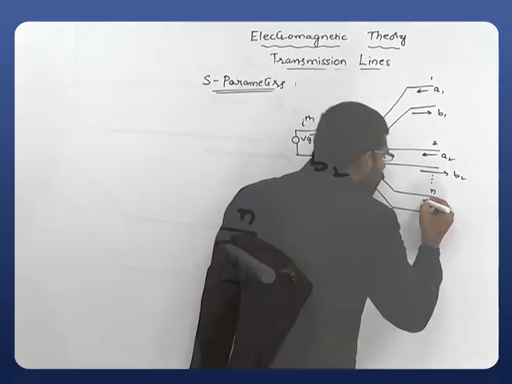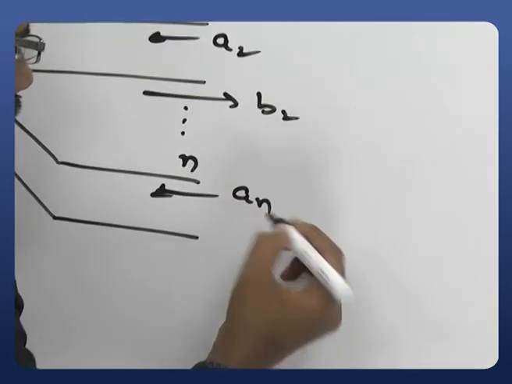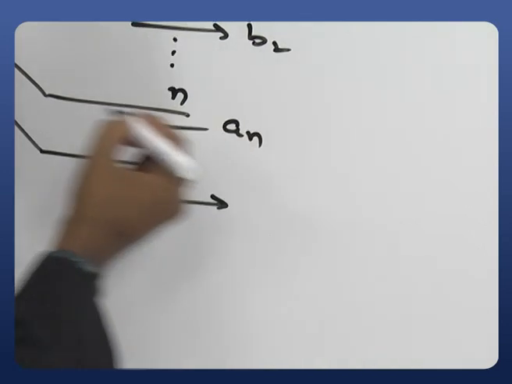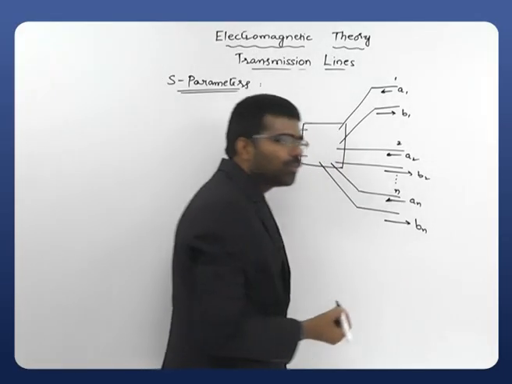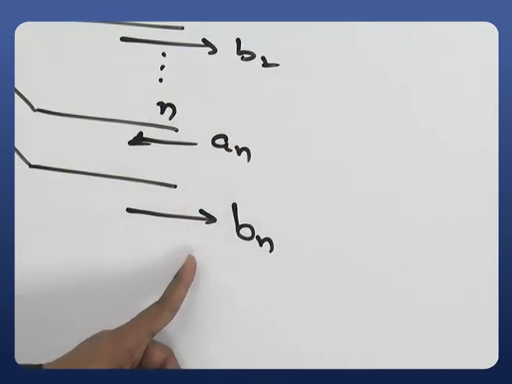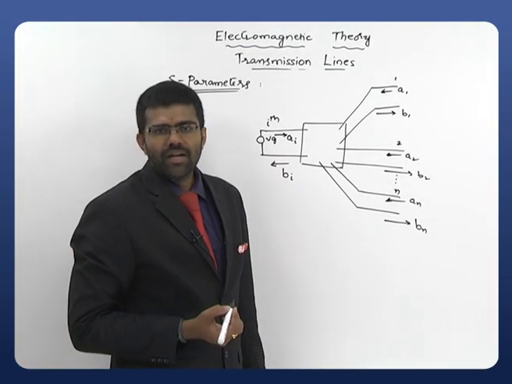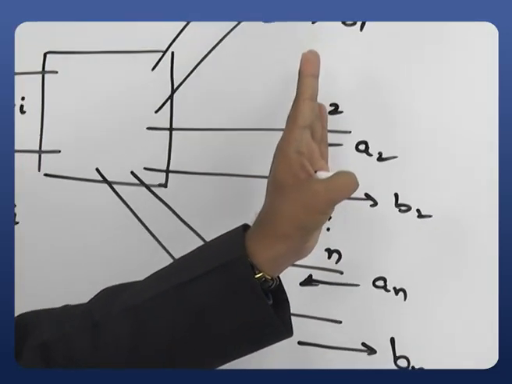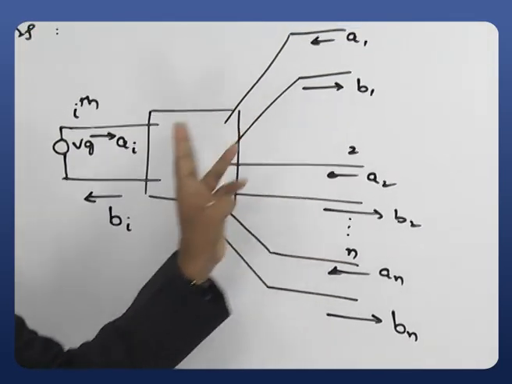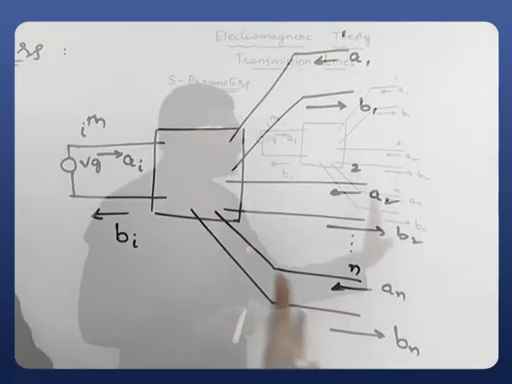Similarly for the nth port, we have An as the input that we are applying to the nth port, and Bn is the scattered wave observed at the nth port. Like this, we have different parameters, input waves and output waves, that we are observing at the ith port up to the nth port.